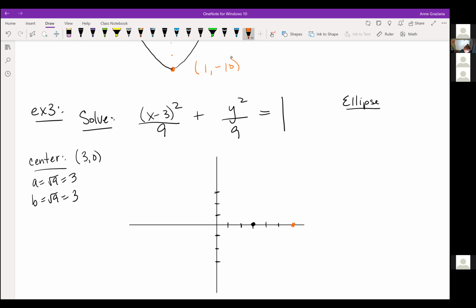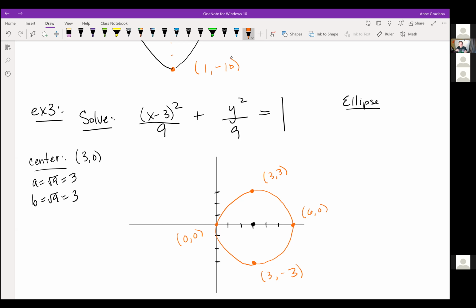So here and here, and then up and down 3 units. Okay, so then I connect my vertices. This is the point 6, 0. This is the point 3, 3. This is 3, negative 3. And this is 0, 0.